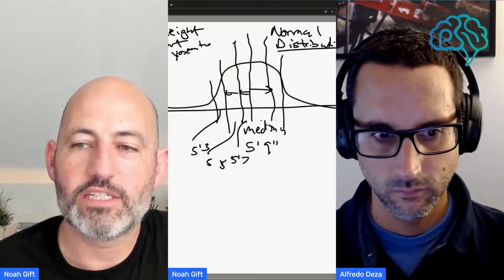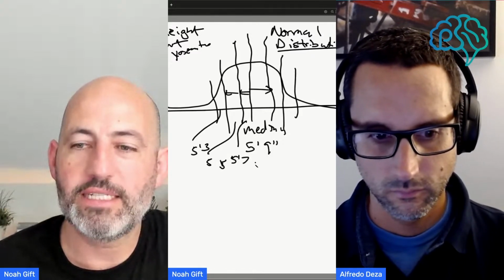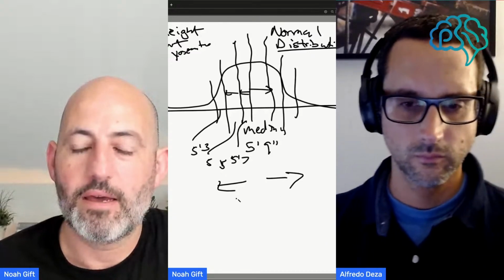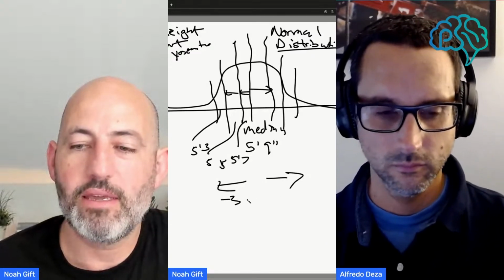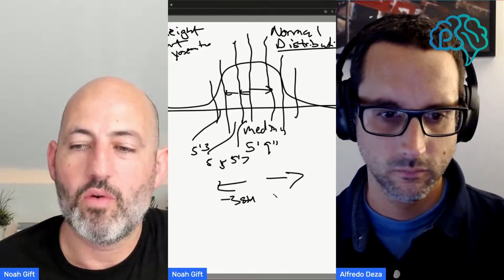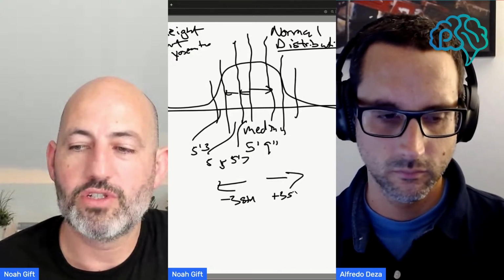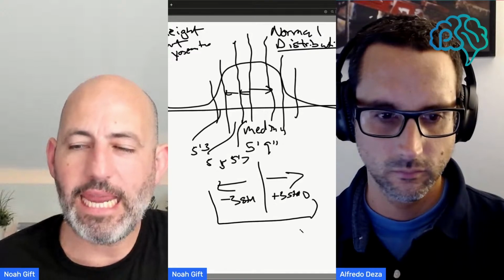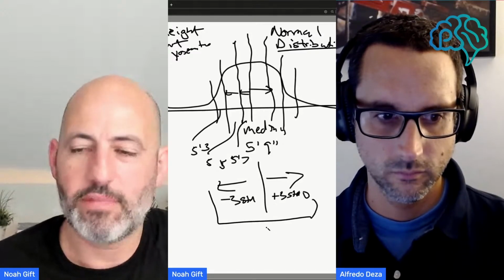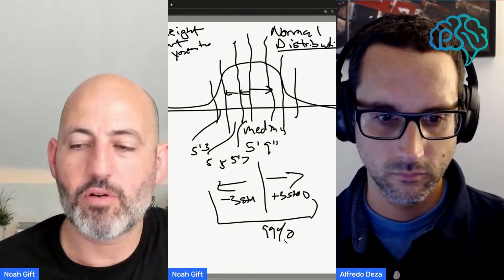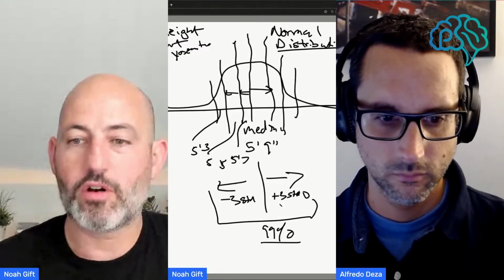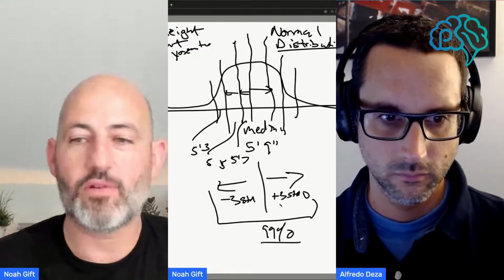And what this means is that when you go to the left or to the right, so -3 standard deviations or +3 standard deviations, 98 or 99%, let's just call it 99%, I think, if I remember correctly, of all observations will occur within 3 standard deviations to the left or the right, which makes sense, right?